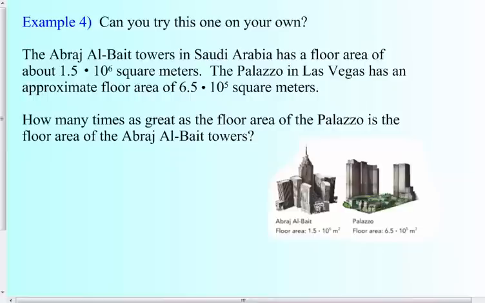The Palazzo, if you've been there in Las Vegas, it's a casino in Las Vegas, has an approximate floor area of 6.5 times 10 to the 5th square meters. So answer the question and give the answer in scientific notation, and we will go over example 4 in class tomorrow.